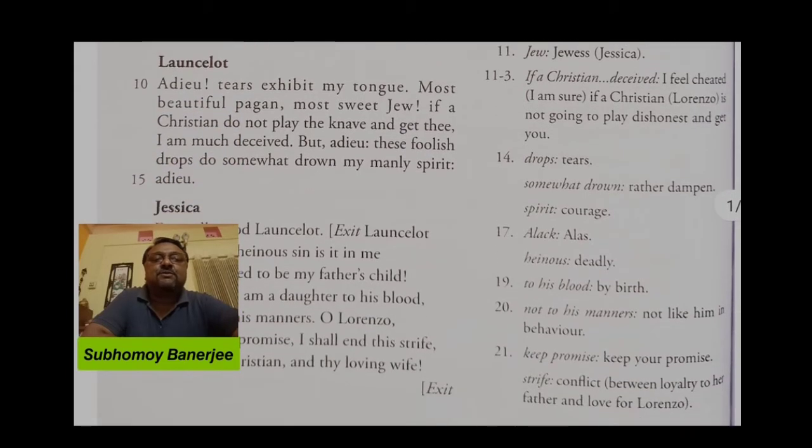Lancelot, as usual, is a foolish, stupid, half-brained person, and he makes a lot of mistakes when he speaks. So let's see how he speaks. Lancelot is genuinely upset that he is also leaving Jessica, because he was also attached to her a lot. So Lancelot says, "Adieu." Adieu means goodbye. "Tears exhibit my tongue."